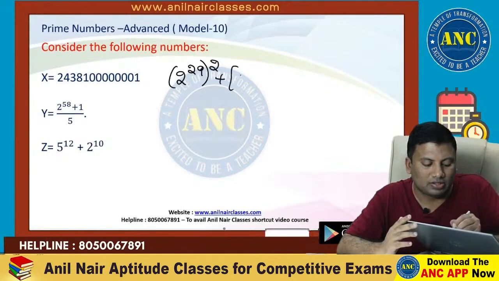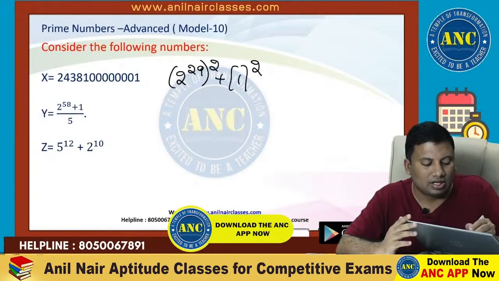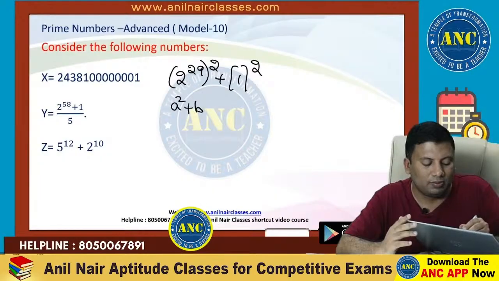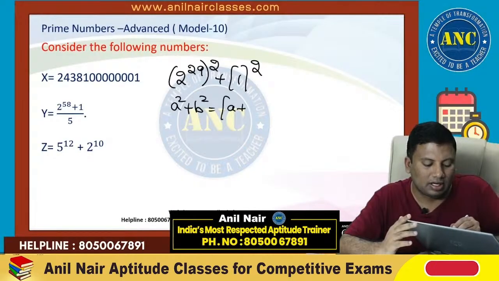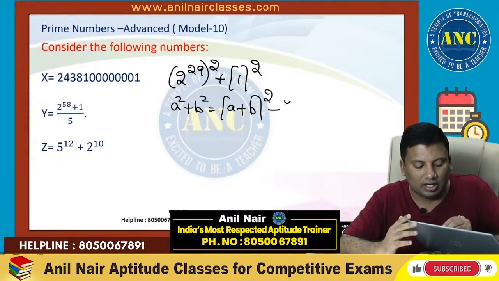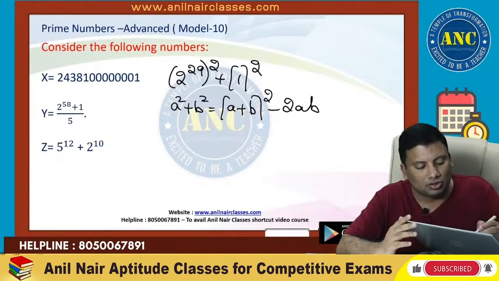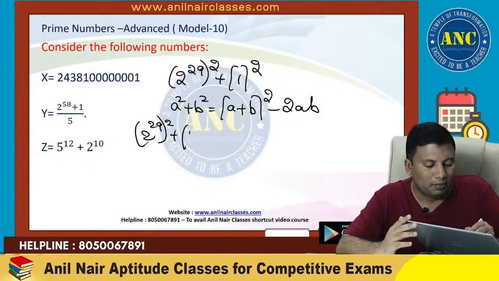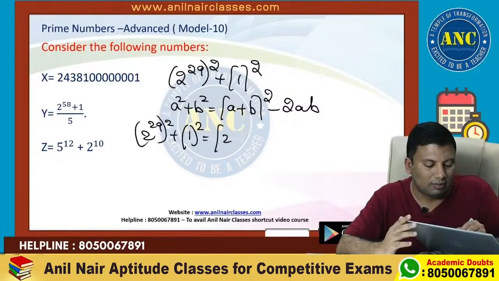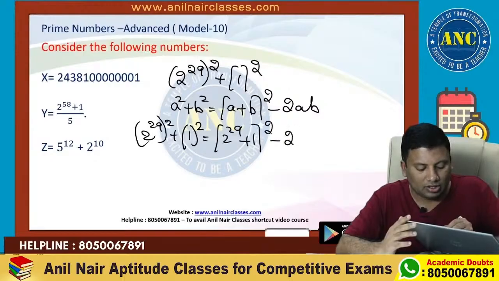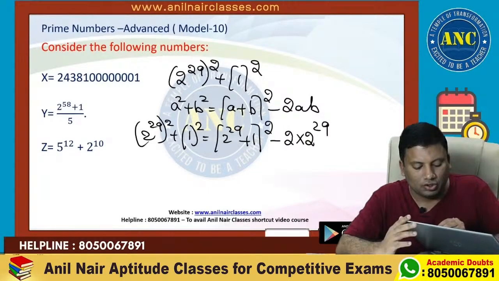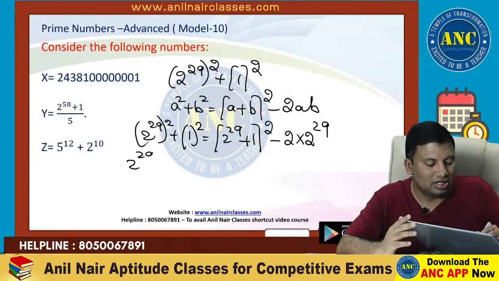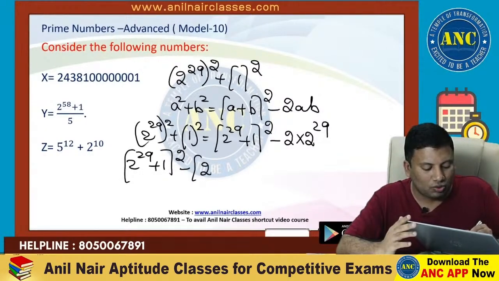This is nothing but a^2 + b^2, which is (a + b)^2 - 2ab. So this is (2^29 + 1)^2 - 2 into 2^29, which is (2^29 + 1)^2 - 2^30.